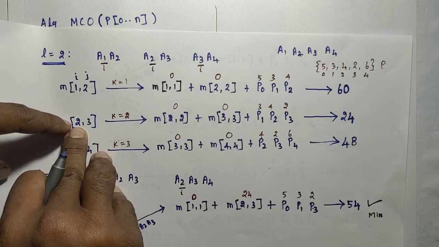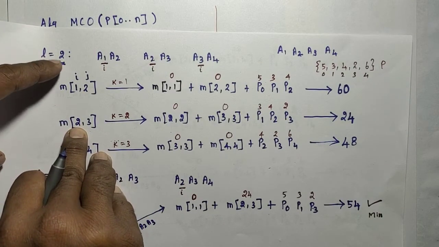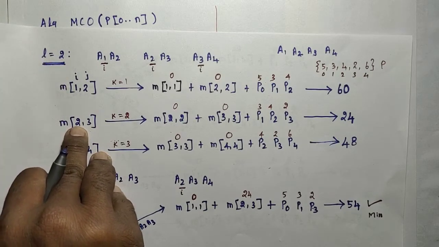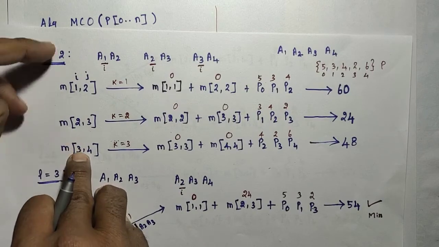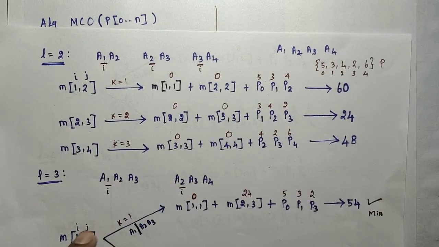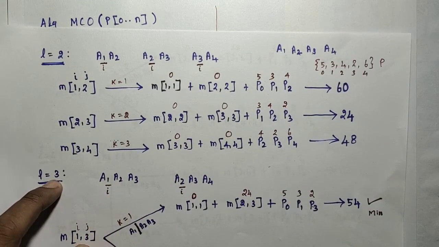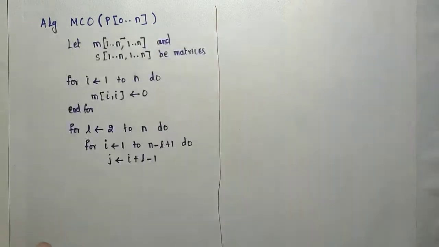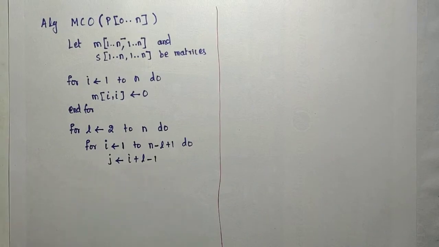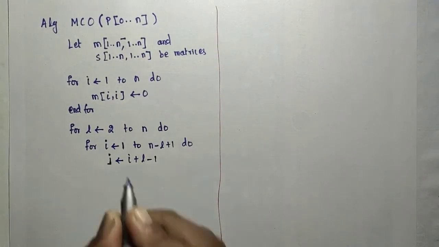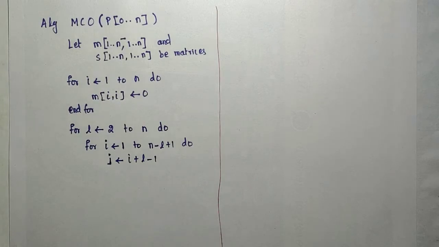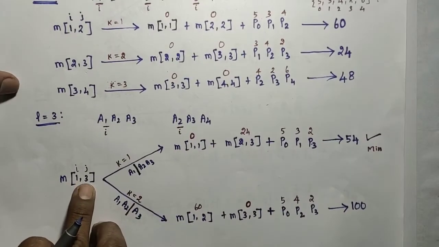When i points to 2, i plus L is 2 plus 2, 4, minus 1. And 3 plus 2 minus 1, like that you will get. Similarly here, 1 plus 3 minus 1 is 3. So j equals i plus L minus 1. Now we are getting the i and j values. Now we need to find the m of i, j values.